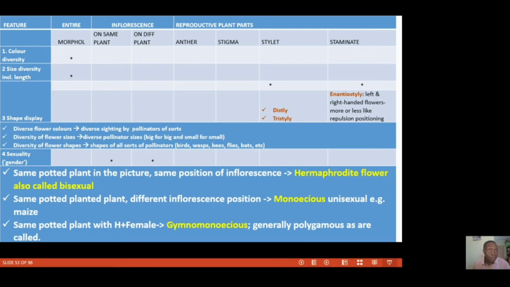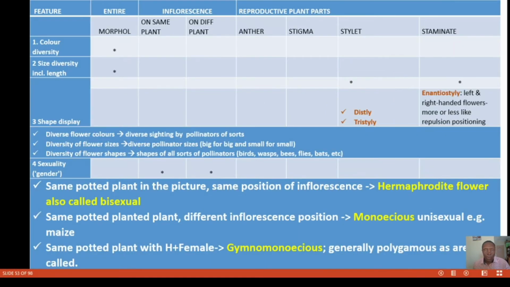I would like to remind you, therefore, on the part that concerns the morphological aspect.